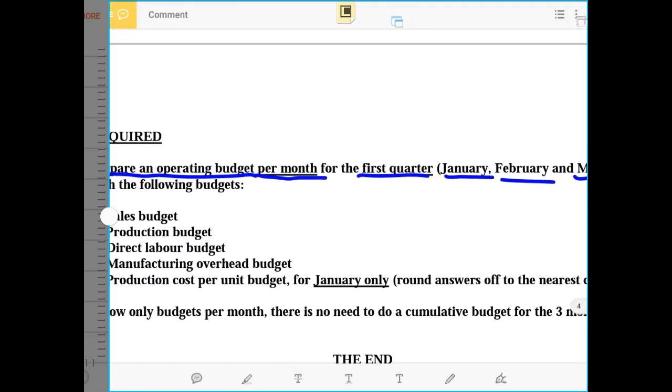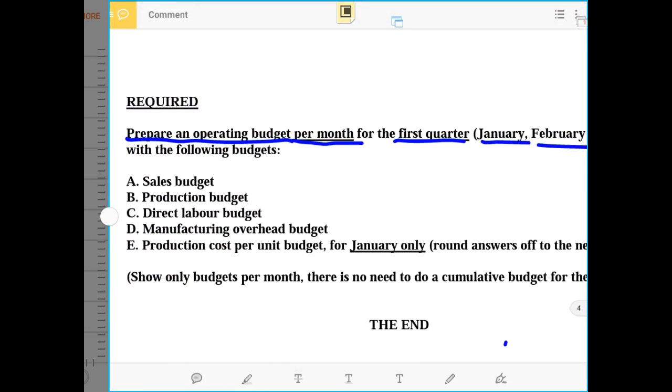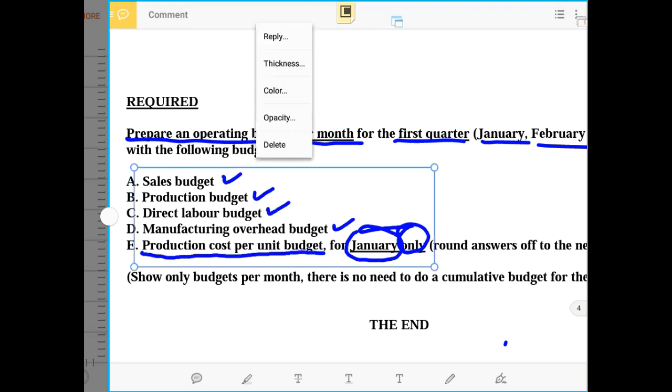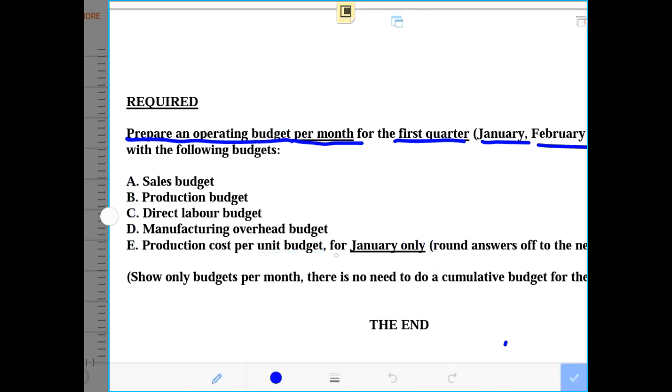And they say the following budgets must be done: the sales budget, production budget, direct material budget, manufacturing overhead budget. Then we must do the production cost budget, which is the manufacturing cost per unit budget, and this must only be for the month of January. So that is number E.